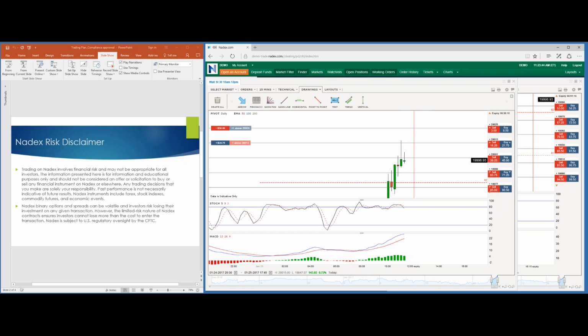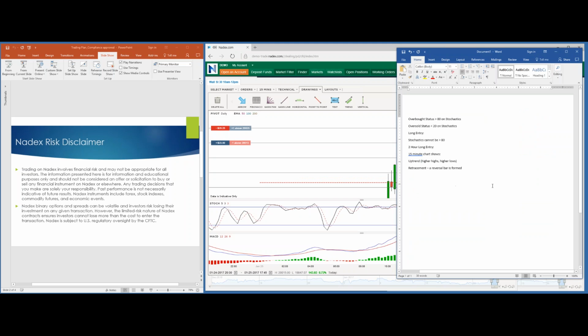Now, what's the next thing we have to allocate for? Your exit. Are you going to hold until expiration? Are you going to exit early?